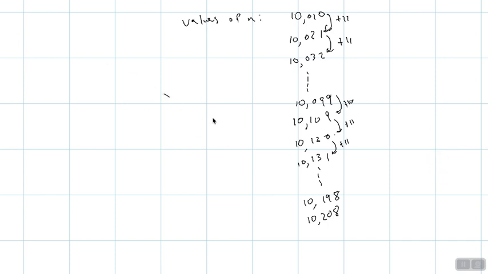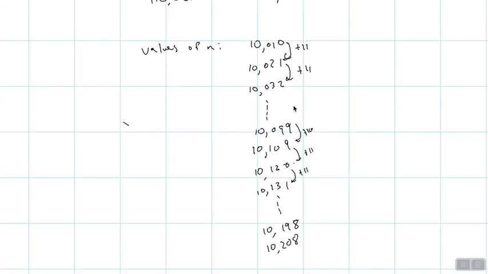Looking at this list, we can see that from 10,010 to 10,109, we've added 99, and the values of n such that q plus r is divisible by 11, we have 9 of them after this 10,010, plus including this 10,010, so plus 1, which is 10 values.